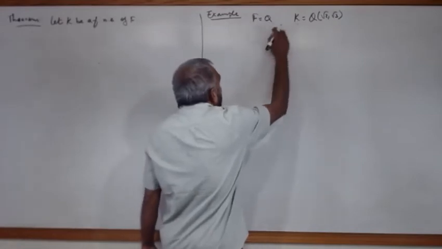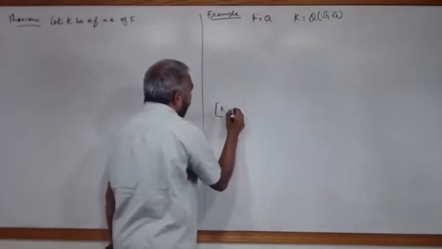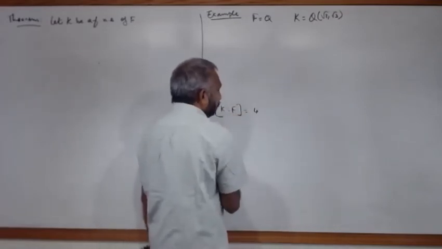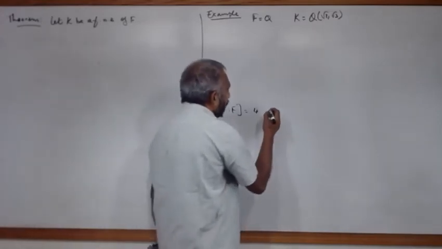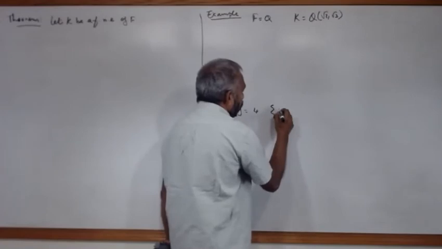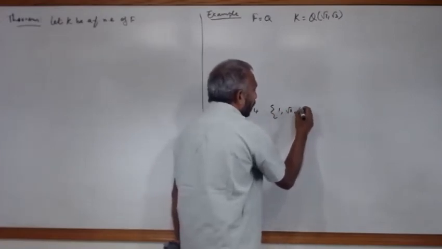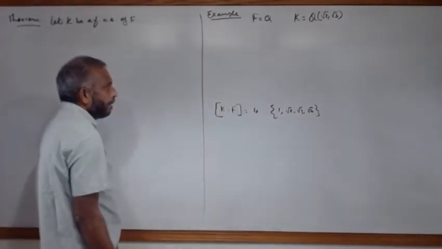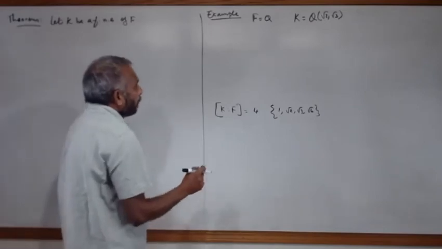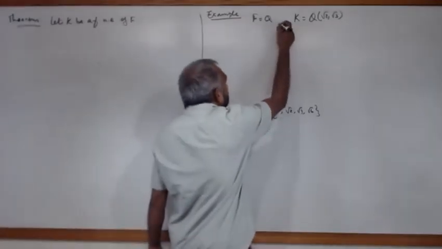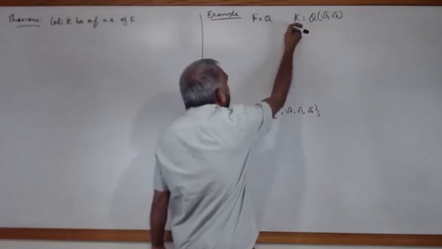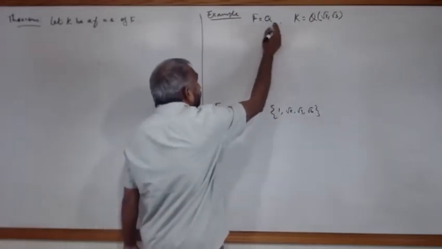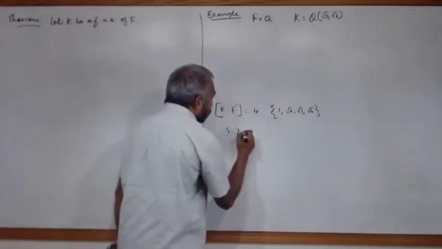So what is the index of this? The index of K over F is equal to 4 because the vector space is generated by the basis 1 comma root 2 comma root 3 comma root 6. So if you need to find out an extension of F in between F and K, that has to be either 1 or 2 or 4.